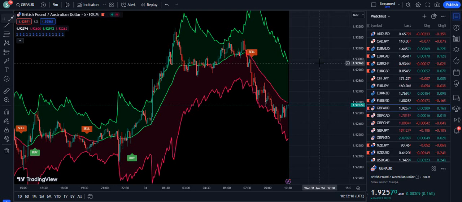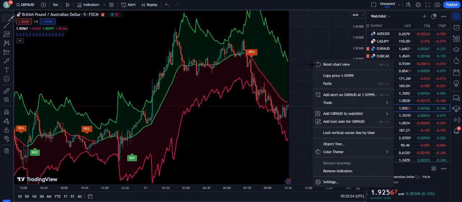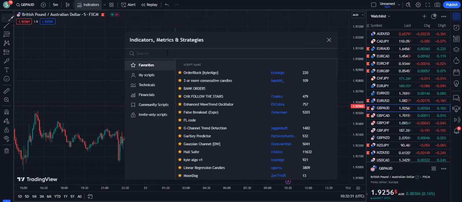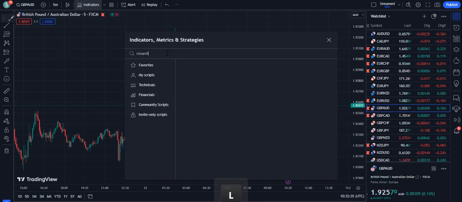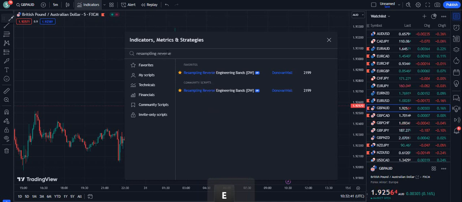Okay, so guys, now we are going to find which strategy we are using for this very profitable, great signal. That's a very simple strategy. For all this, we just need to go into the indicator section, and here you need to write resampling. When I write resampling on TradingView, if you do not find it, you can also add another word, reverse.